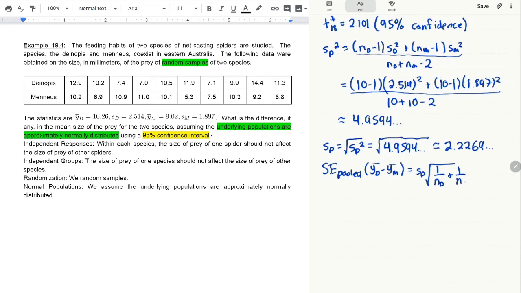Okay, so we calculate the pooled standard error by taking the pooled standard deviation, so that's 2.2269, and then we multiply this by the square root of 1 over 10 plus 1 over 10. Then our standard error is going to be 0.9959.